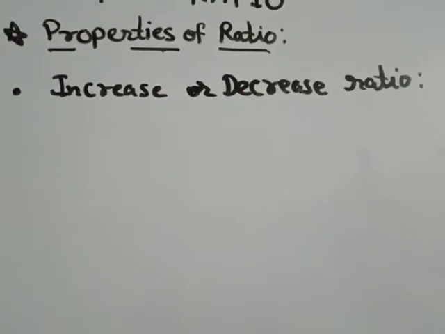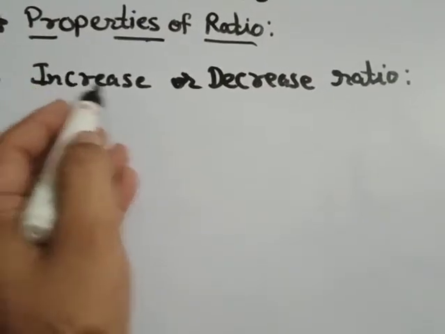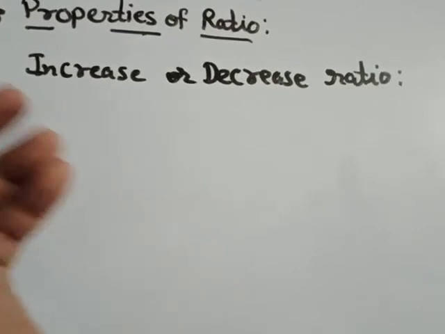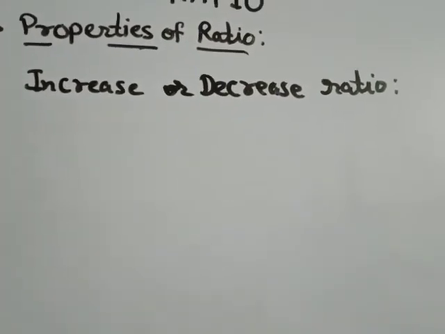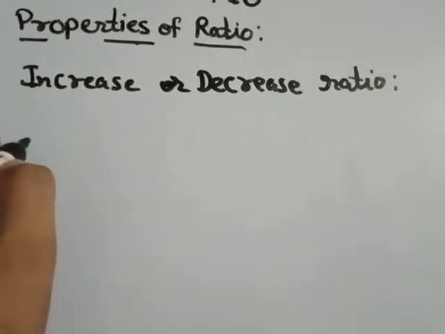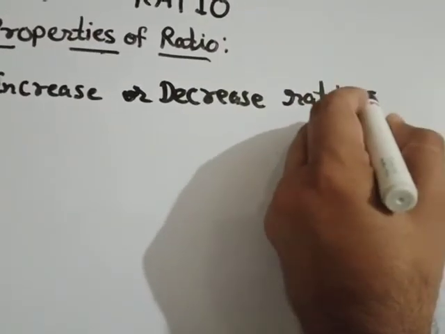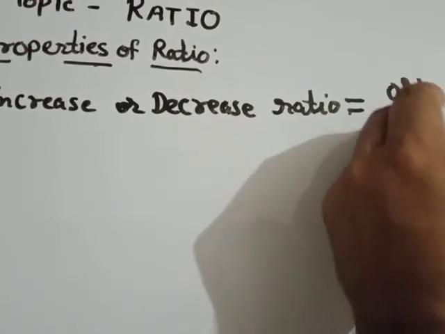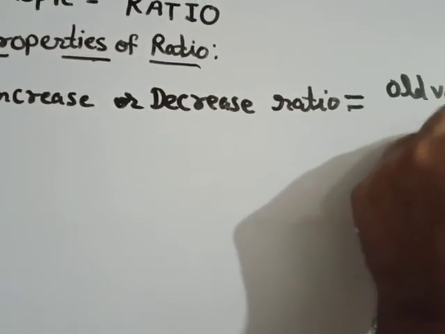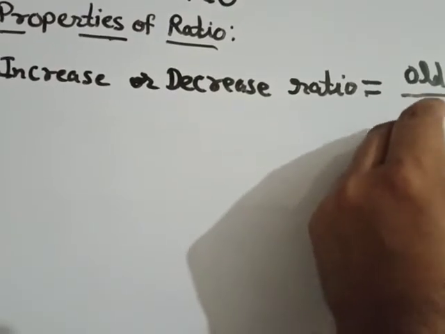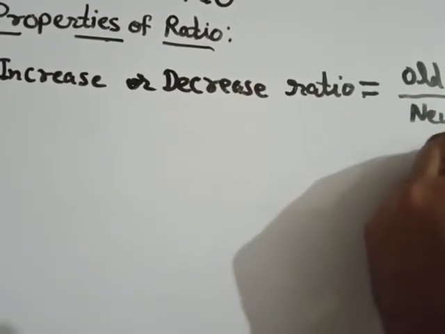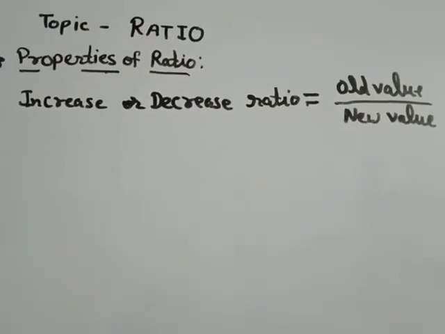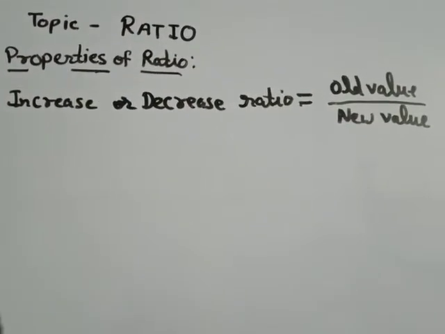Students, now the next property of ratio, increase or decrease ratio. How can we find whether the given ratio is an increase or decrease? So to find the increase or decrease ratio, you have to find the old value over new value. This is the formula to find the increase or decrease ratio.